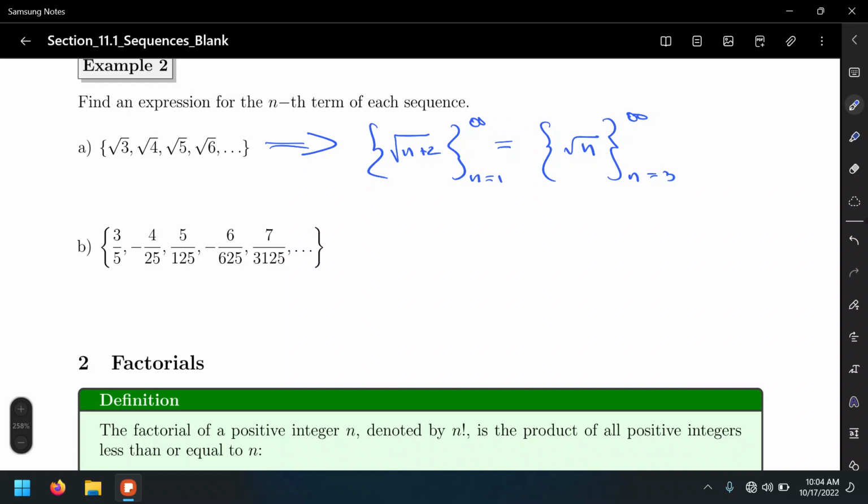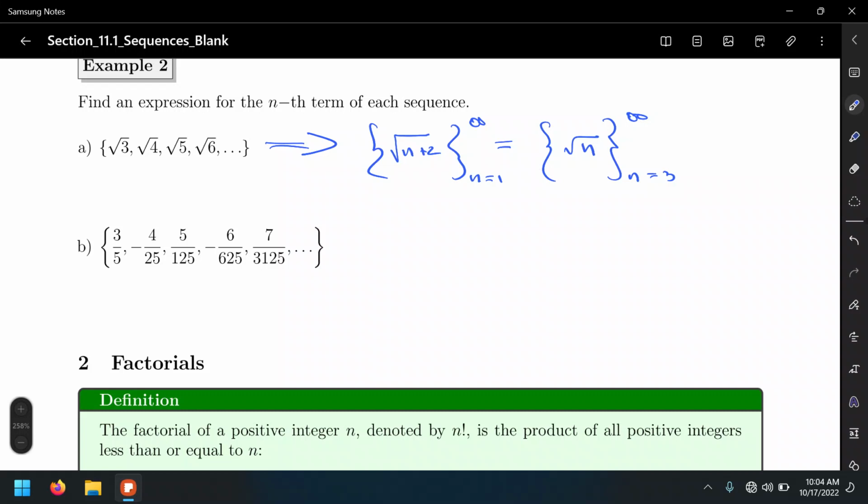All right, let's have a look at the next example. So what do we have? 3/5, negative 4 over 25, 5 over 125, negative 6 over 625, 7 over 3125.